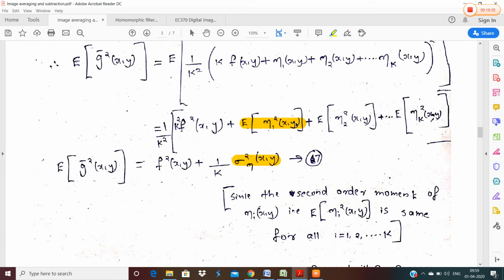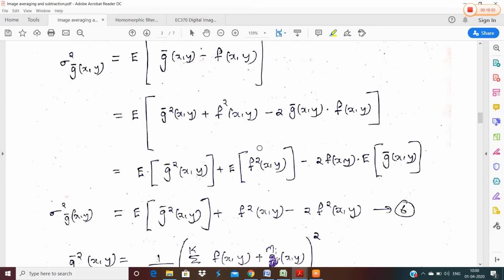All the noise components have the same variance. So you can treat these all as the same values, and you are adding all these together. You have k into sigma square eta. Outside there is a 1 by k square, cancelling 1 by k. So this will be your expected value of G square of x.